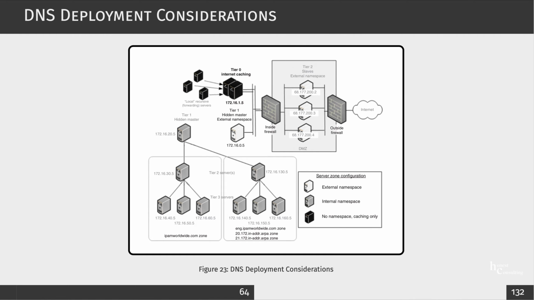On the left-hand side, we have multi-tier caching infrastructure that is used to do internet name resolution, and at the bottom we have the internal DNS for internal authoritative data that is only providing the internal resolution, and the caching systems on top of this diagram are using this infrastructure to reply with internal queries to internal clients.